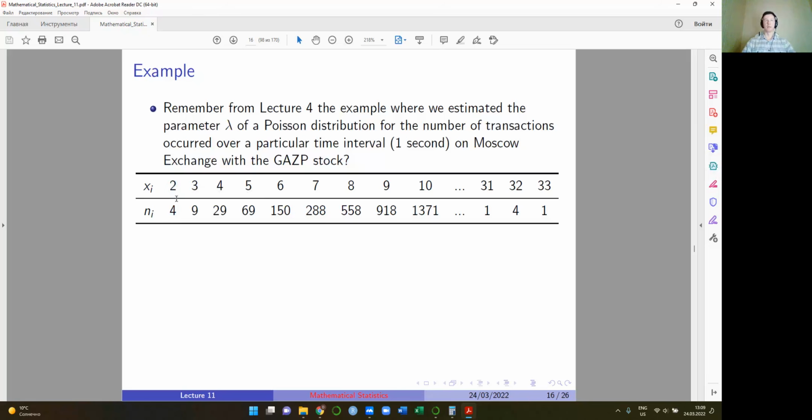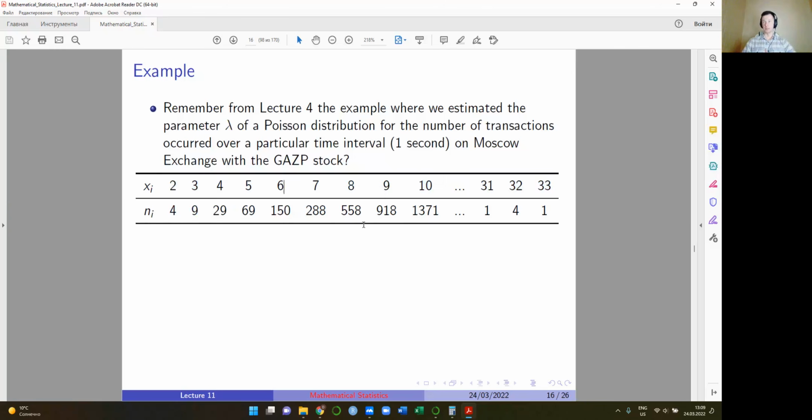So basically, if we take the whole trading day and divide it into seconds, then in the whole trading day we observed only 4 seconds when only 2 transactions occurred. We observed 9 seconds when 3 transactions occurred. We observed 150 seconds when 6 transactions occurred, and so on.